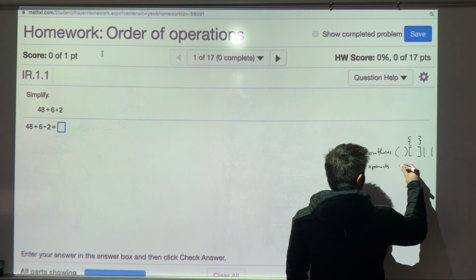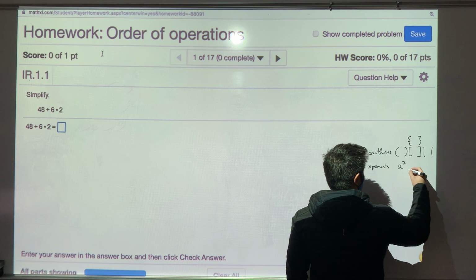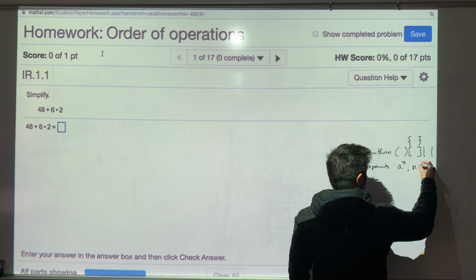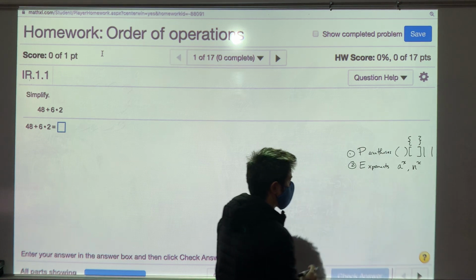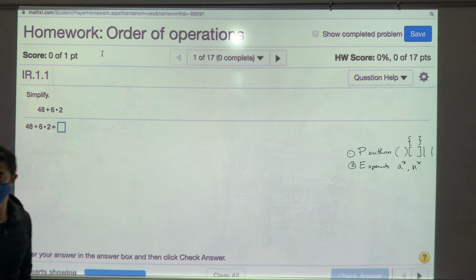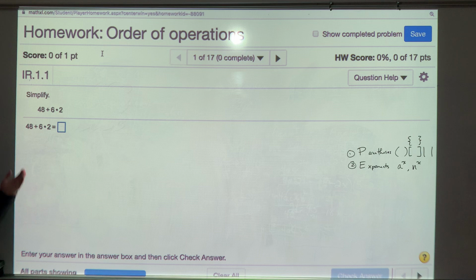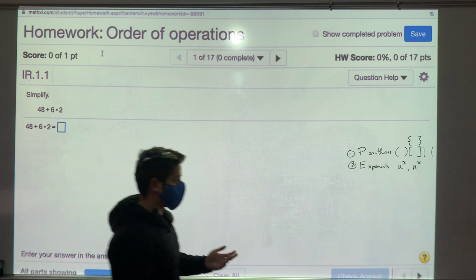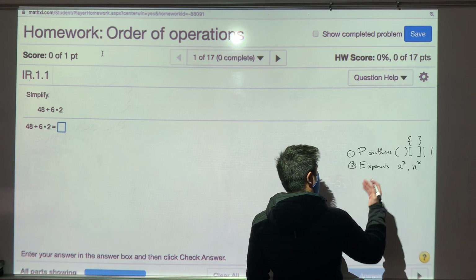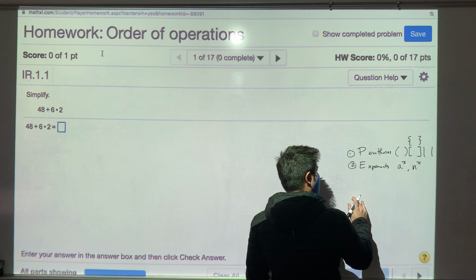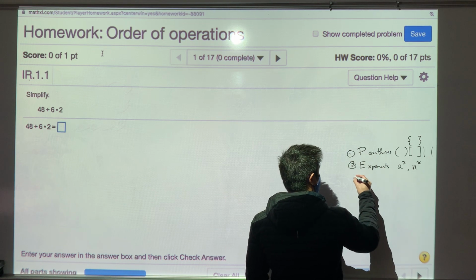So anything such like this, or any number to some exponent, power, we would go and address that next. Let's go to our problem over here and see if there's anything that looks like an exponent that needs to be addressed. Clearly there is not, so we won't do anything in that particular category, but if there was, that would be coming next in our order of operations.